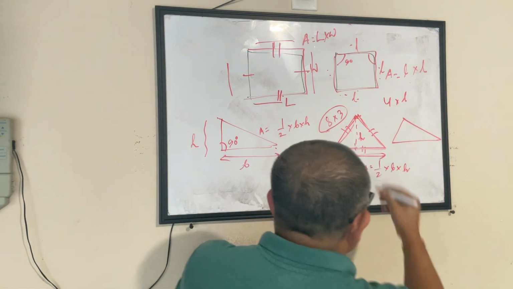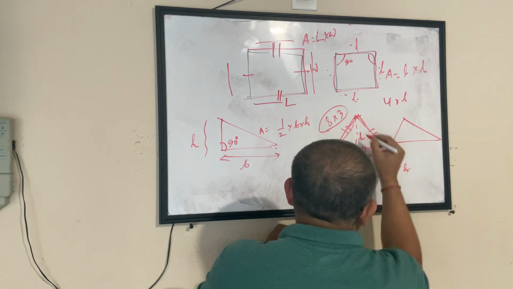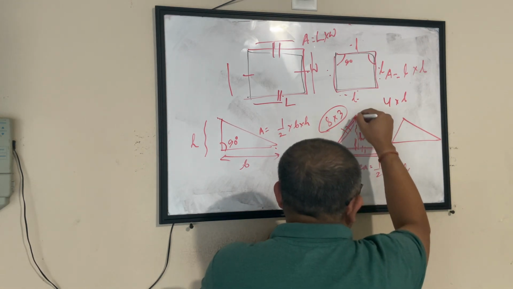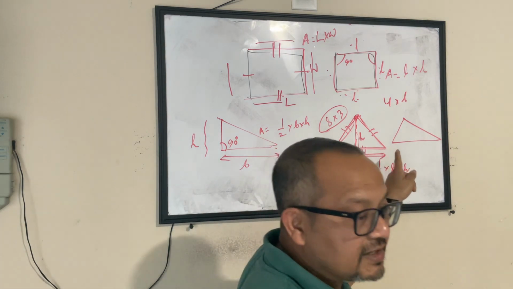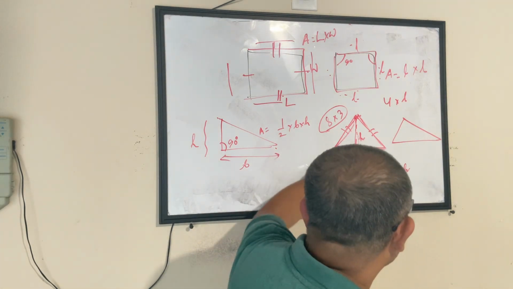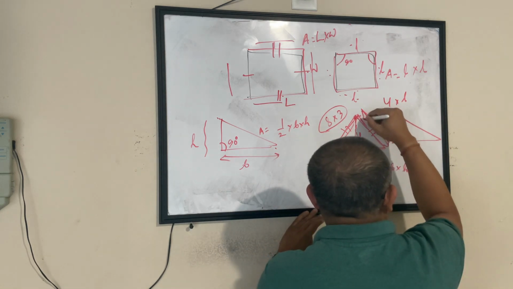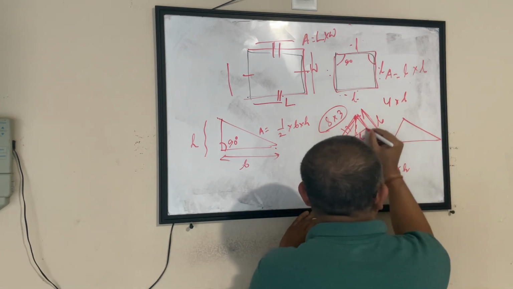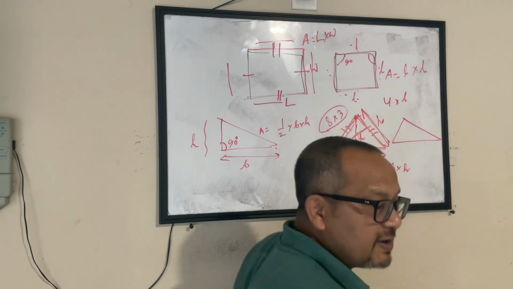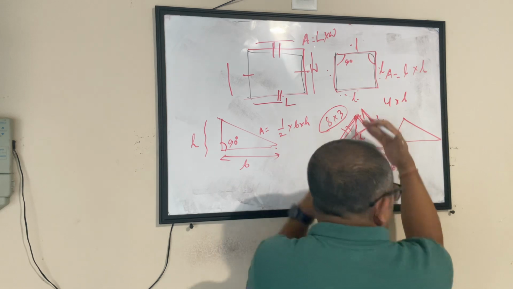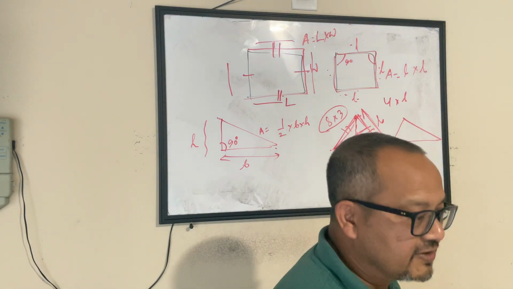If you're treating this as a base, find out the height from this vertex, and use that as the height and multiply it with this base. If you pick this as a base, then from here to here find this height. You'll be given the height. So take the base and the height from opposite corners. That will be the area of a triangle.